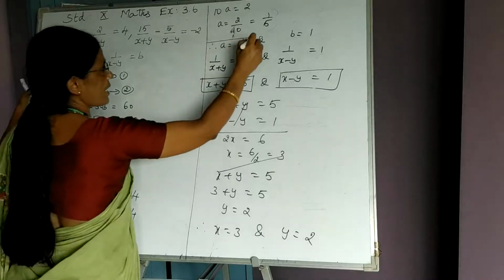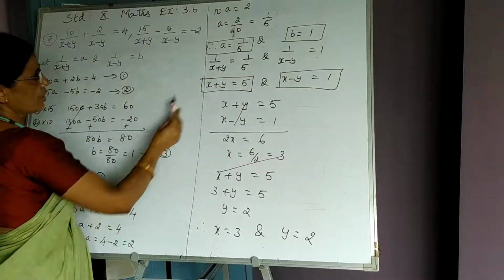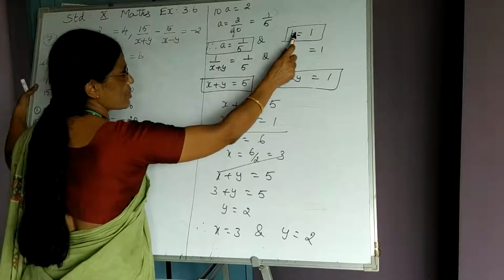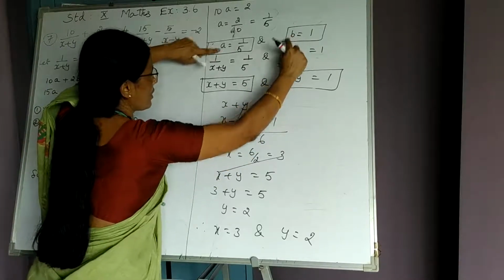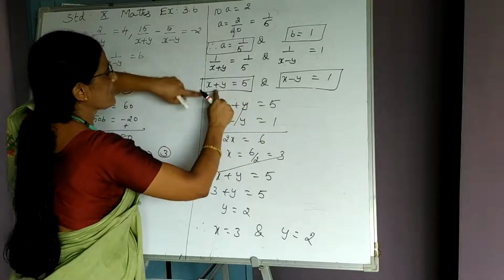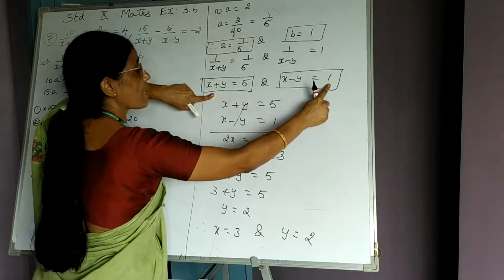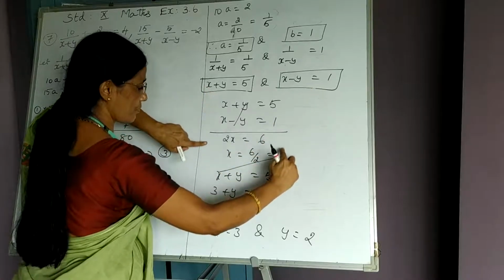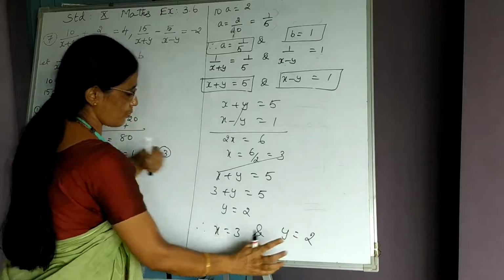So, we got here a is equal to 1 upon 5 and b is equal to 1. Then the values of a and b are replaced by the substitutions, 1 upon x plus y and 1 upon x minus y. And then taking reciprocals on both sides, we get x plus y is equal to 5 and x minus y is equal to 1. Again these two are solved by elimination method, that's all. So we got x equal to 3 and y is equal to 2.